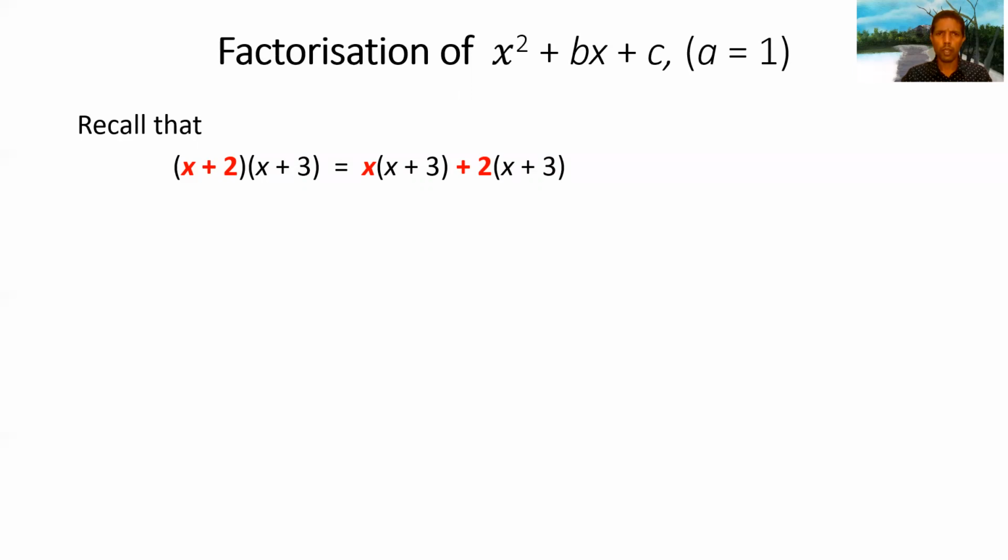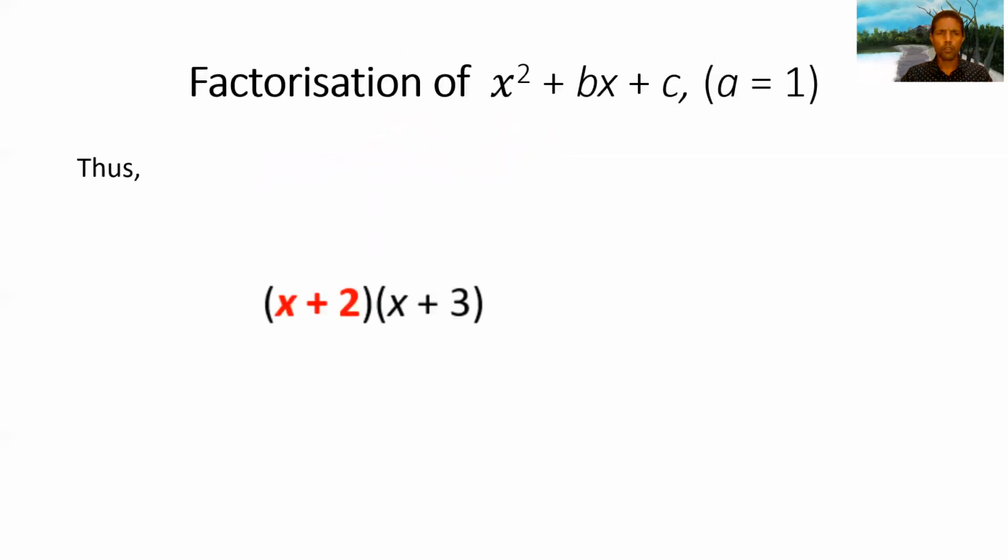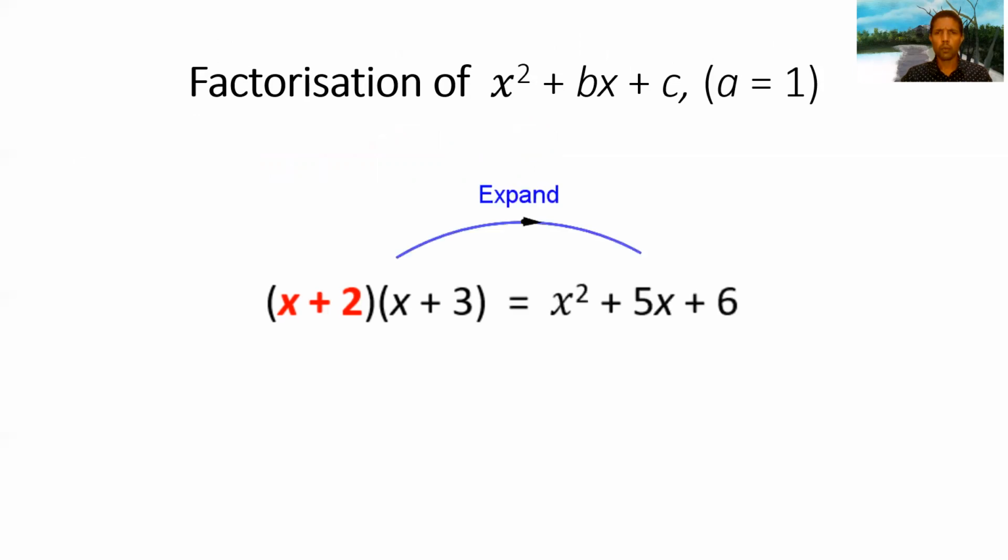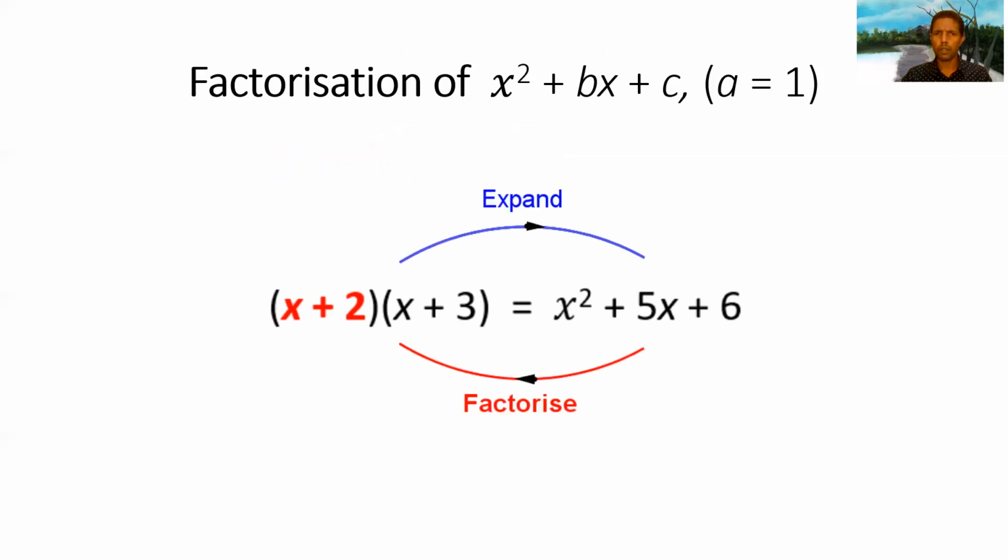This can be further expanded to obtain x squared plus 3x plus 2x plus 6, then simplified to obtain x squared plus 5x plus 6. So, when we expand x plus 2 into x plus 3, we obtain x squared plus 5x plus 6. The reverse process is factorization.